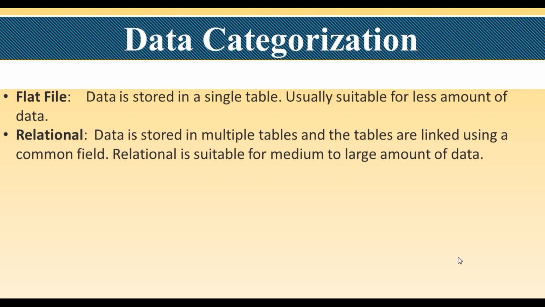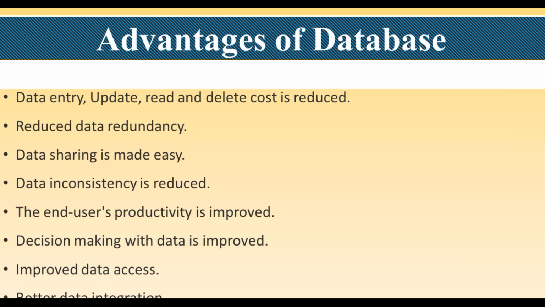If it is a single table or a small amount of data, we can use it. And relational data is when there is more than one table, but they are linked to each other in a meaningful manner along with a particular common field. I will tell you what a common field is. That is termed relational information, which is useful for a large amount of data.